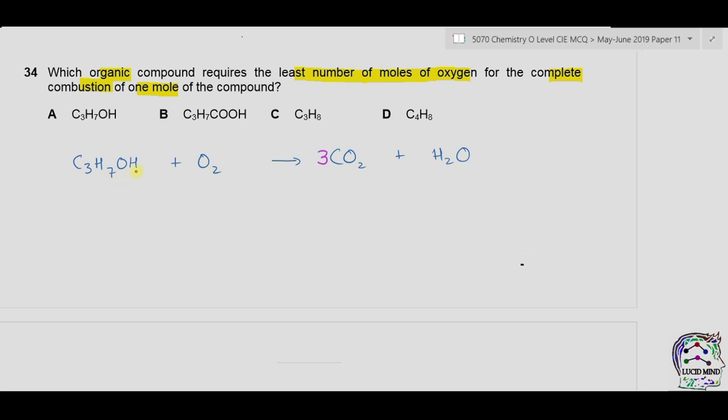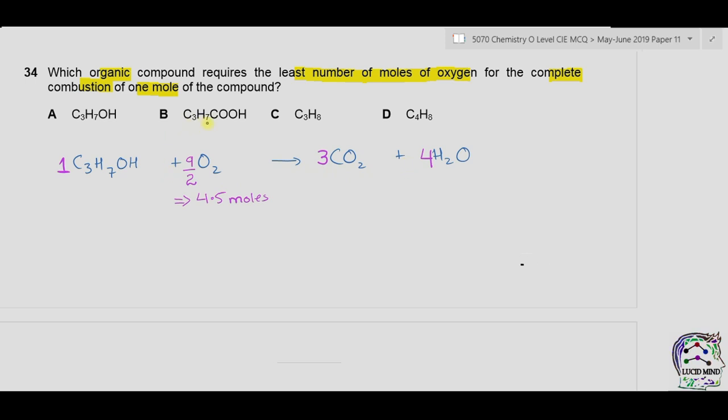And we have 7 hydrogen atoms plus 1 hydrogen atom, so in total it becomes 8 hydrogen atoms on the reactant side. So we can write 4 with H2O to make it 8 hydrogens. Now the number of oxygen atoms in product is 6 in CO2 and 4 in water, so 4 and 6 becomes 10. On the reactant side we have 1 oxygen atom in this compound and 9 should be present over here. So we can write 9 by 2, which is equal to 4.5 moles. So for 1 mole of A, we would need 4.5 moles of oxygen for complete combustion.